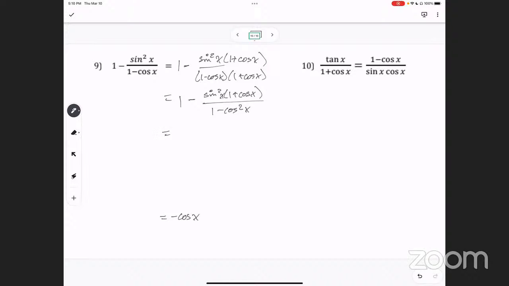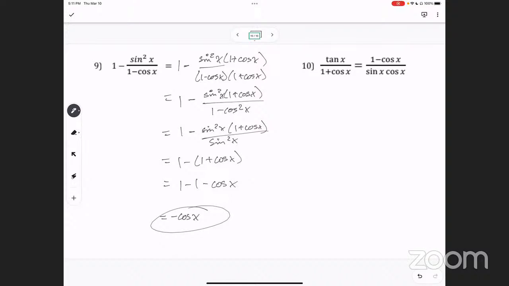So that equals 1 minus sine squared x times 1 plus cosine x all over sine squared x, which just equals 1 minus 1 plus cosine x. Distribute the negative in, which equals that. Gotcha. Got it? Yep.